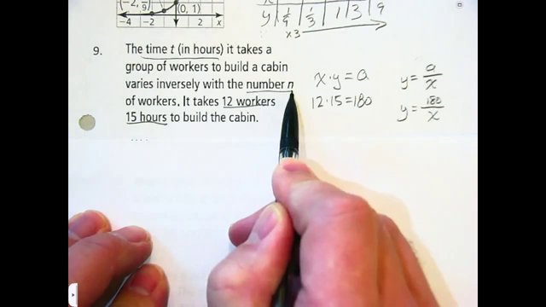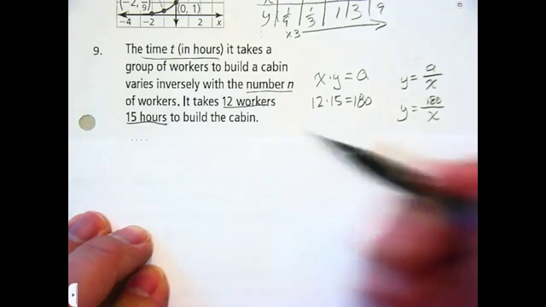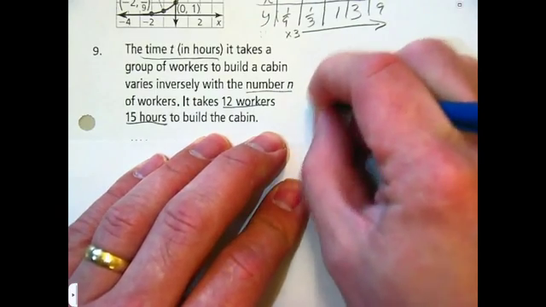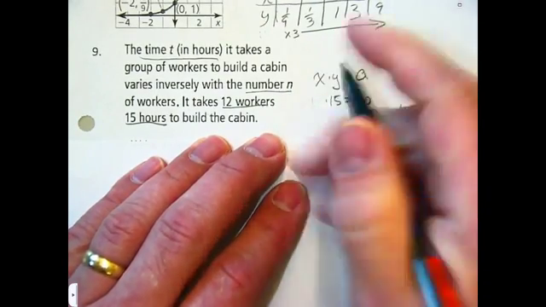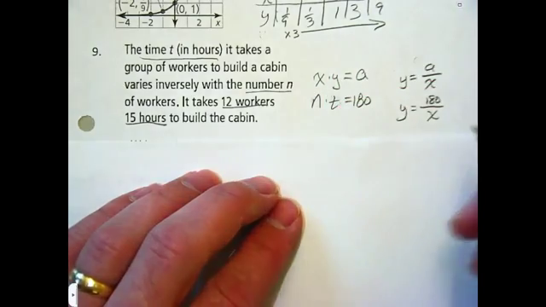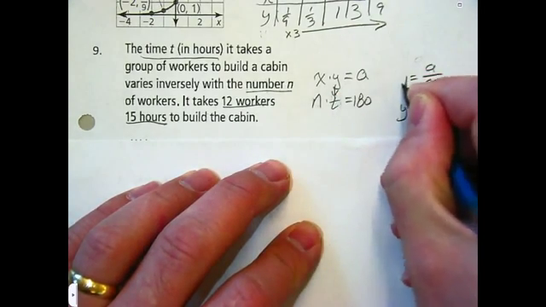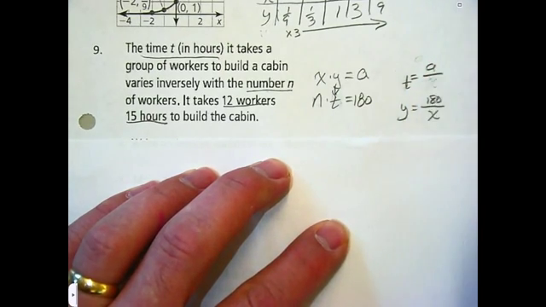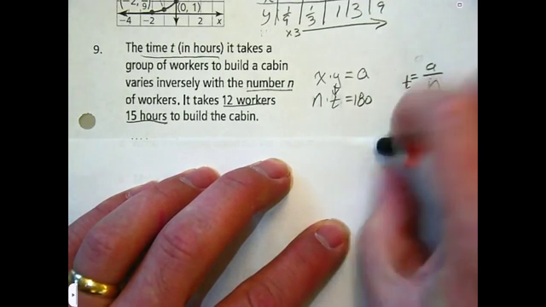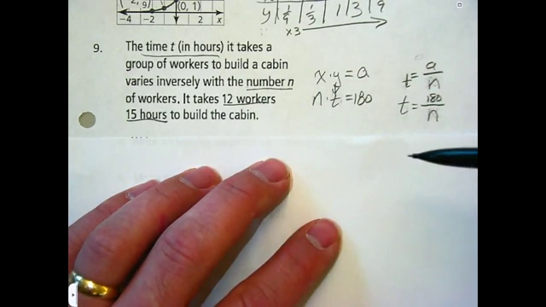T and N, right? So the time it takes varies inversely with the number of workers. So our time depends on the number of workers. So we would have N and we'd have T. So our Y value is actually our T and our X value is actually our N. Well, technically it doesn't matter in this.